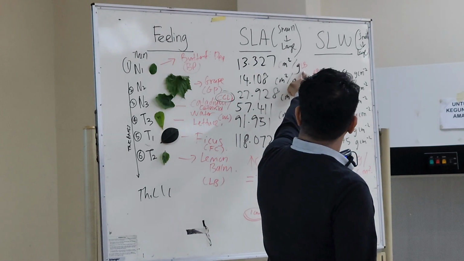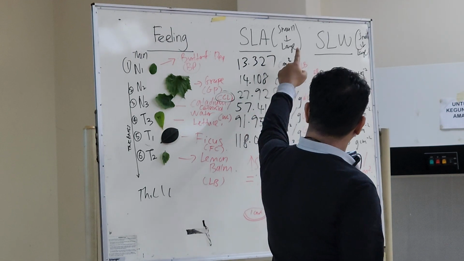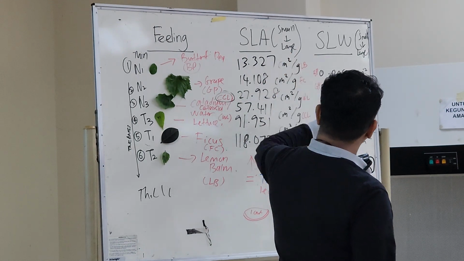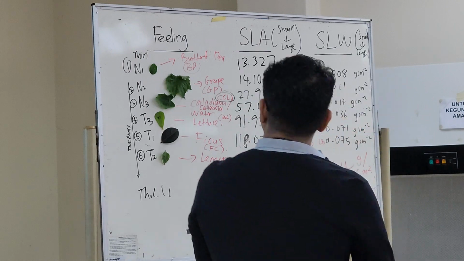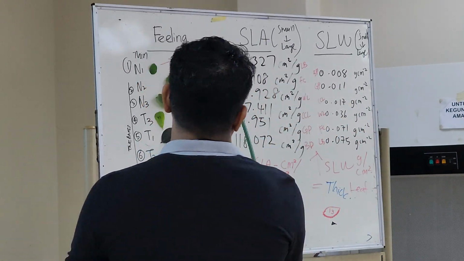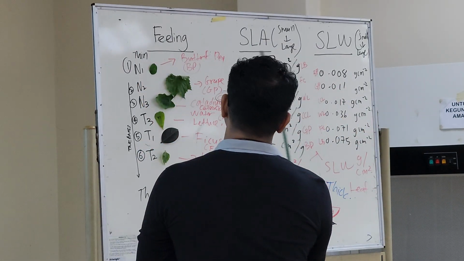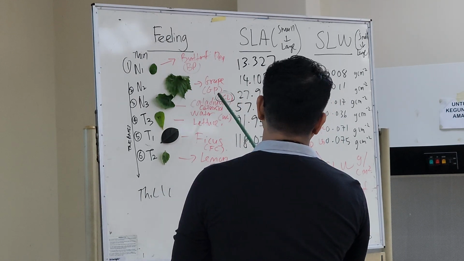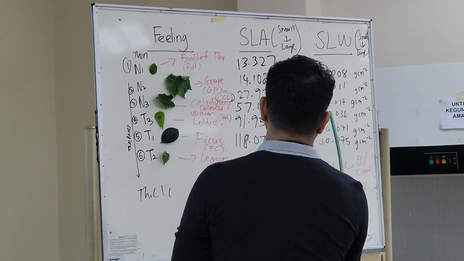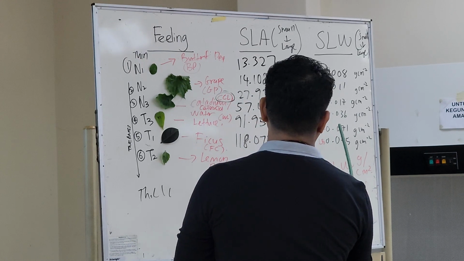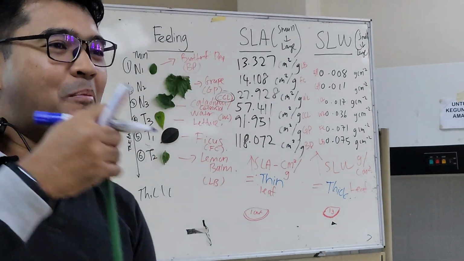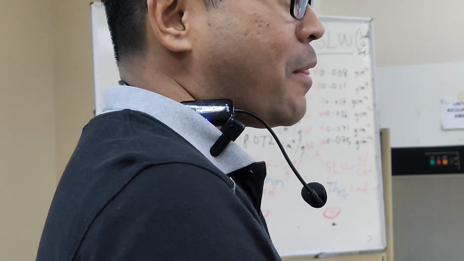This is lemon balm, so it should be the thickest. Oh, it should be reciprocal for it. So does it agree? Feeling here with this. So BP, GP, CL, WL, ficus FC, lemon balm. So boleh pakai lah your feeling tu. So is that correct? Correct.